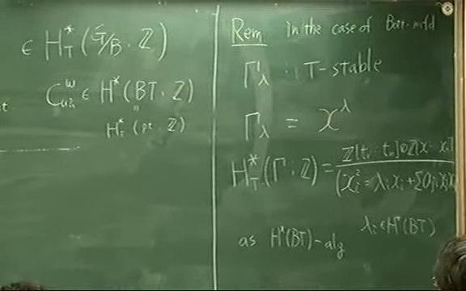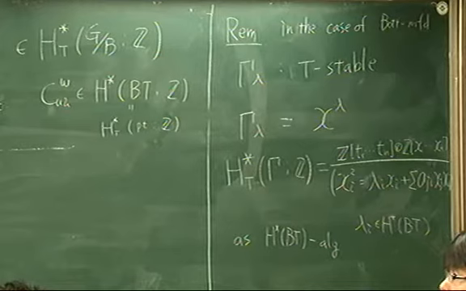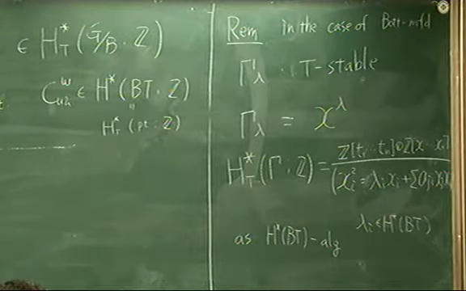So the same question is still open, because this equivariant case includes the ordinary case. We just put t to 0 and we obtain the ordinary one.